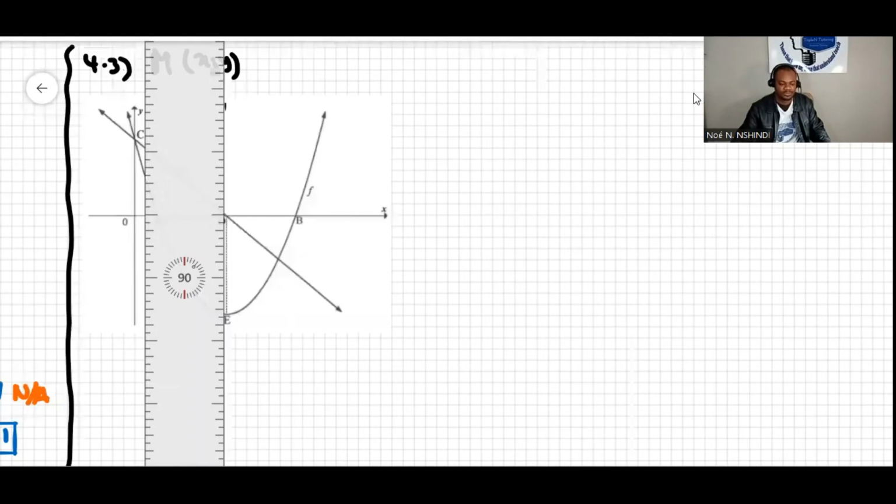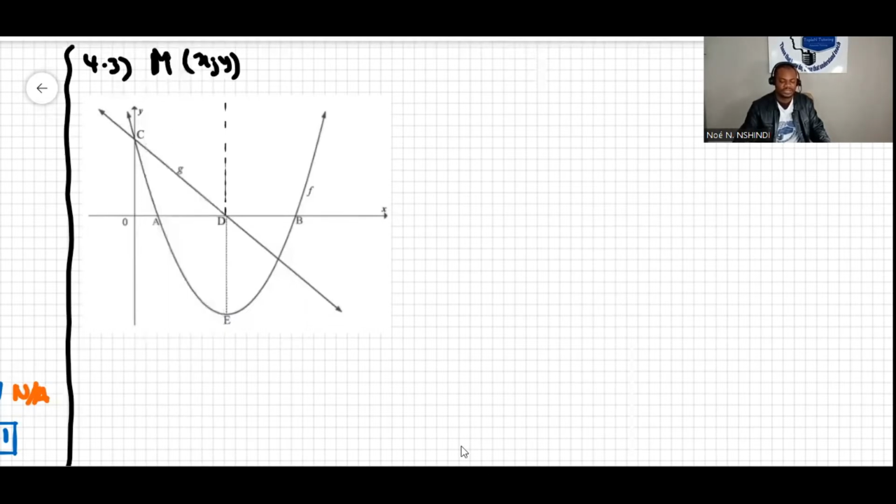Yeah, that's the line of symmetry. Now the question says that M is the reflection of C on the vertical line here, because this is a vertical line. So here the point C is given. The point C was given by 0, 7.